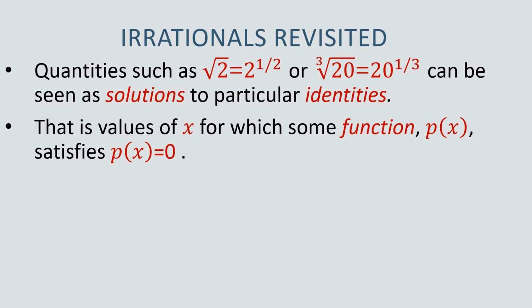That is, as a value of some variable x for which a given function, which I'll denote by p of x, has the property that when we evaluate that function at this given place of interest, it will give us the outcome 0.